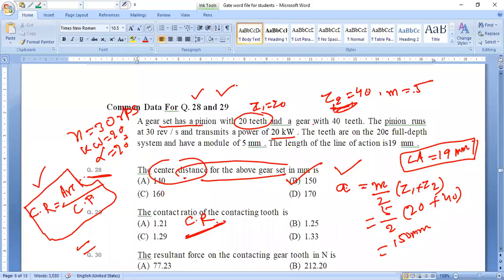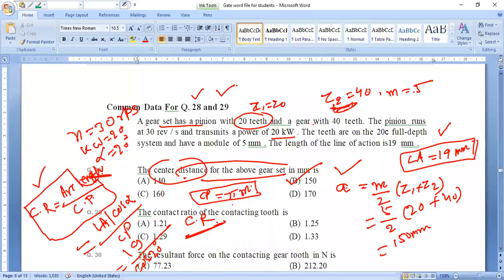Arc length is calculated as line of action divided by cos of pressure angle. Line of action is given in the question, it is 19 mm. So 19 divided by cos 20, divided by circular pitch. Circular pitch you can find by pi times module. Module is given 5, so it is 5 times pi.